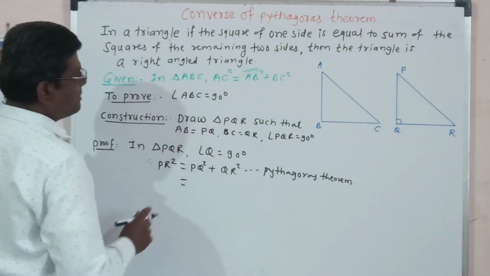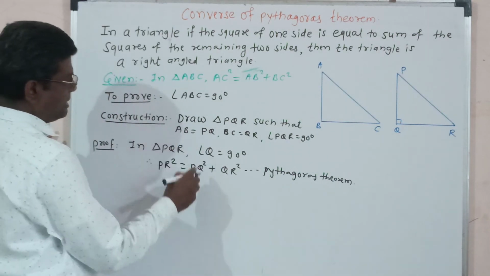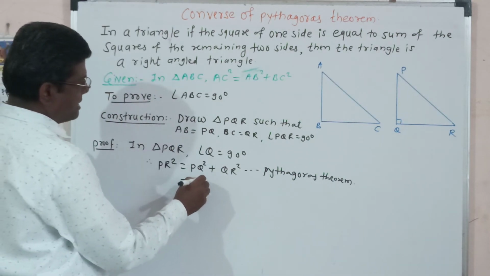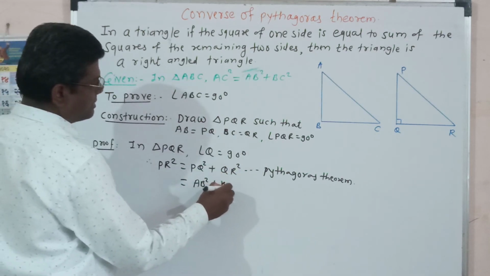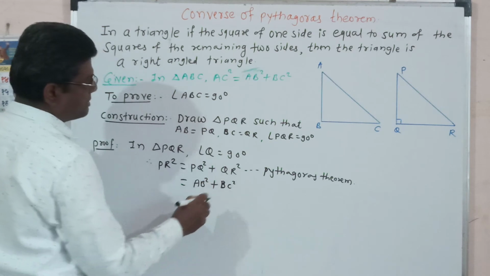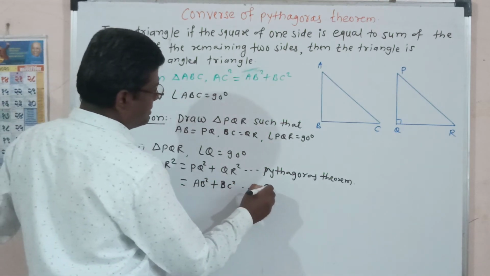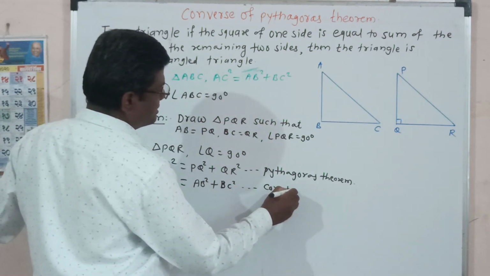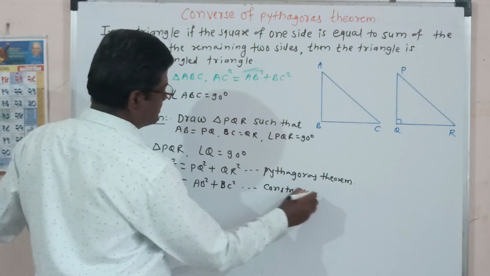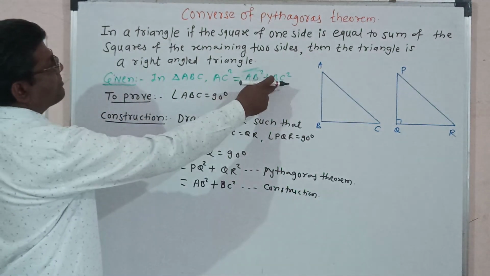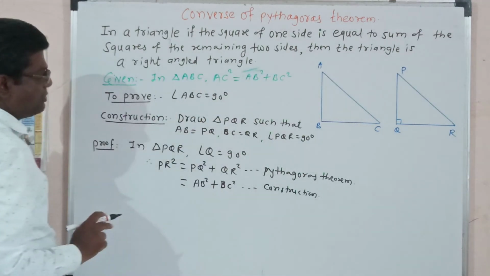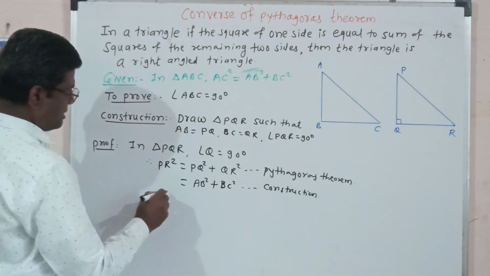Is equal to, but PQ is equal to AB. Therefore, this is AB square. QR is equal to BC, so BC square. Reason is construction. Now, AB square plus BC square is equal to AC square.